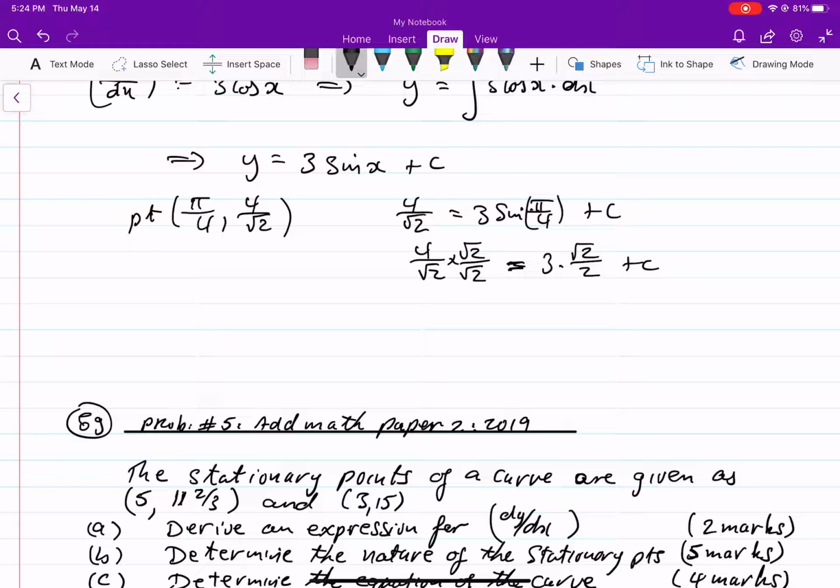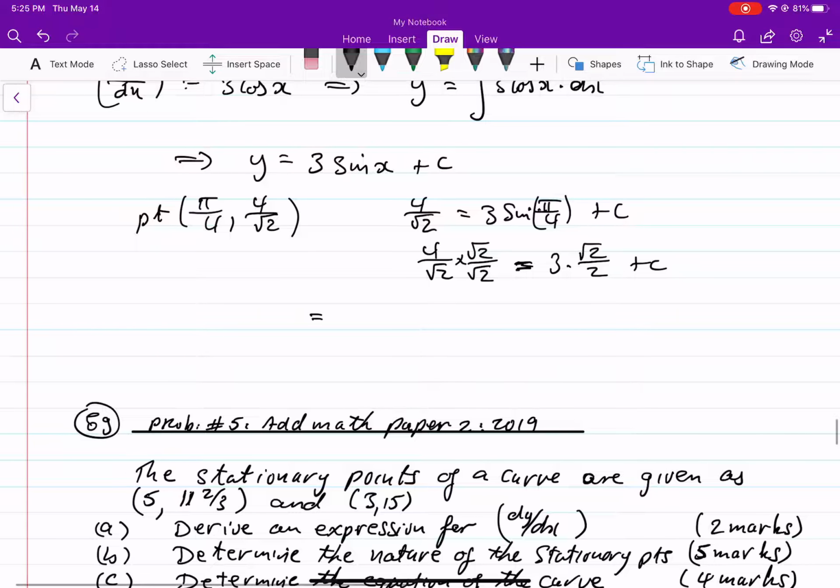All right, so here, what do we have? This is on the left hand side. It's 4 root 2 upon 2, which is just 2 root 2, is equal to 3 root 2 upon 2 plus c, which makes c equal 2 root 2.